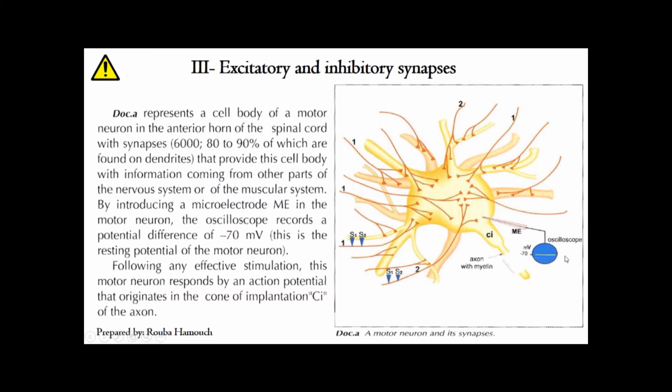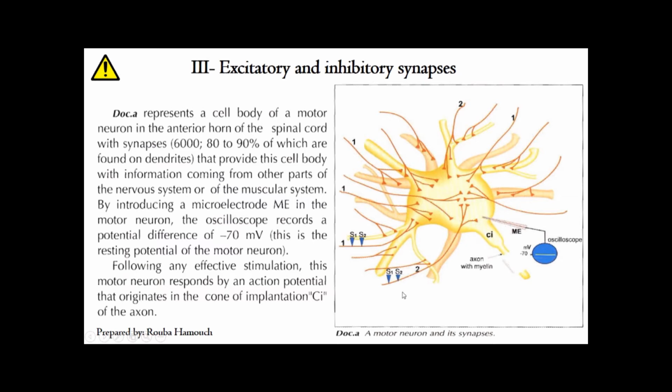This is the resting potential of the motor neuron in the absence of any stimulation. Following an effective stimulation, this motor neuron responds by an action potential of amplitude 100 millivolt that is generated in the cone of implantation of the axon.